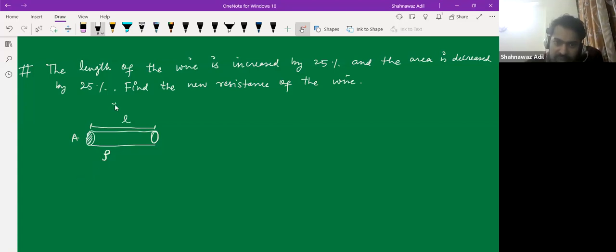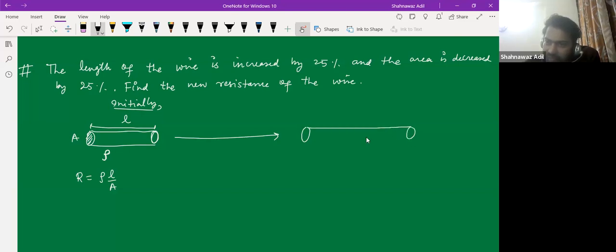So initially we have the resistance, that would be rho L by A. And then in the next part, the length has been increased, and it has become, let's say, new length L prime, and its area is also decreased. So this area has become A prime, right?